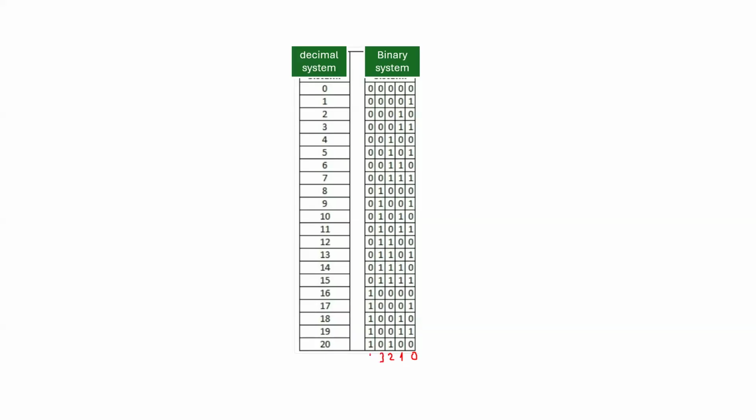It means our base is 2. So in this part, as you see, we have 1 at that digit, 1 times, and plus.